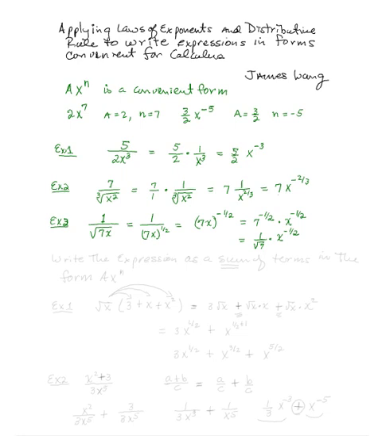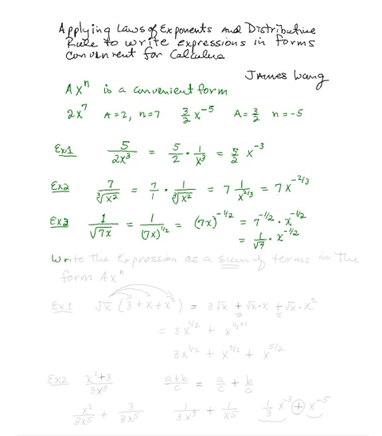Now, this is the form ax to the n, and like I said, that's a convenient form in calculus. It's not often that you'll get something that can just be written in this form. Sometimes you have to settle for a sum of terms that are in this form.